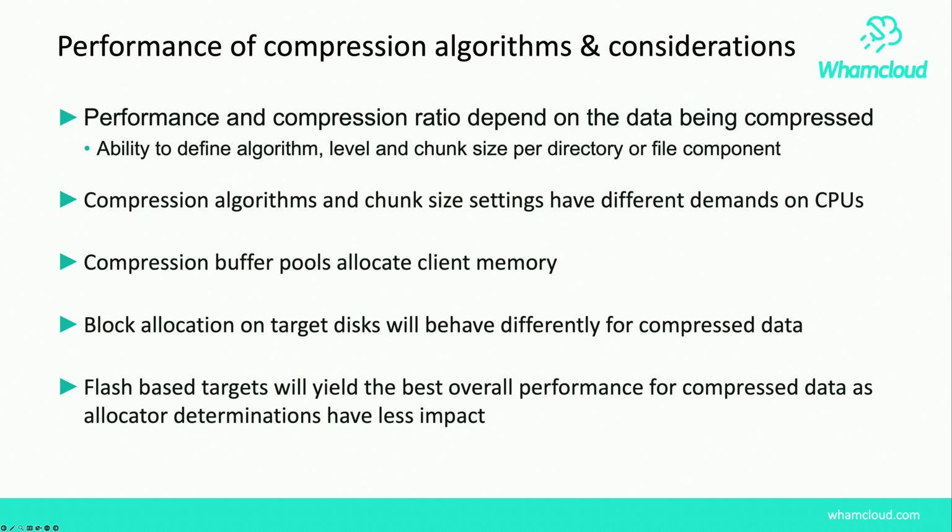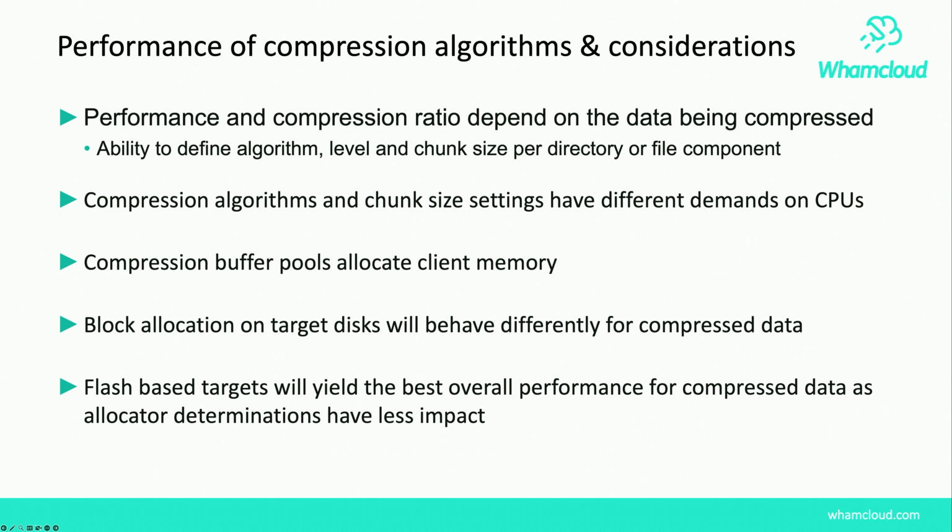The compression buffer pools need to allocate memory, so there will be additional memory constraints on the clients as a result of this. And of course, block allocation on targets will behave differently for compressed data because we're kind of removing some of those past optimizations that were added in this case.